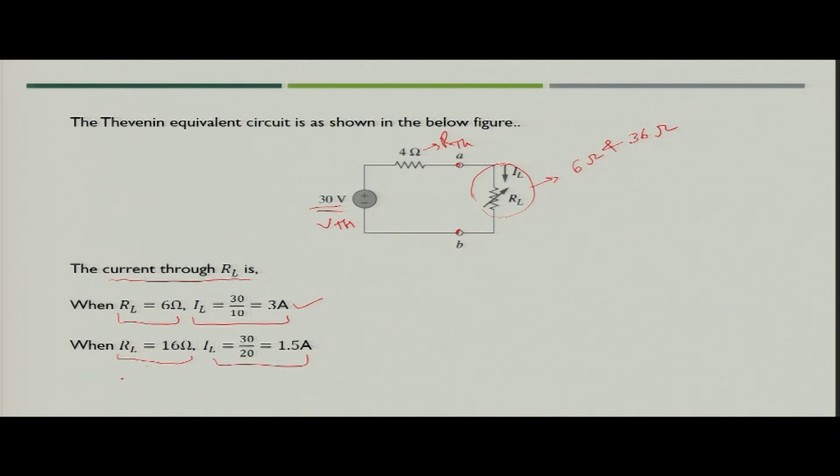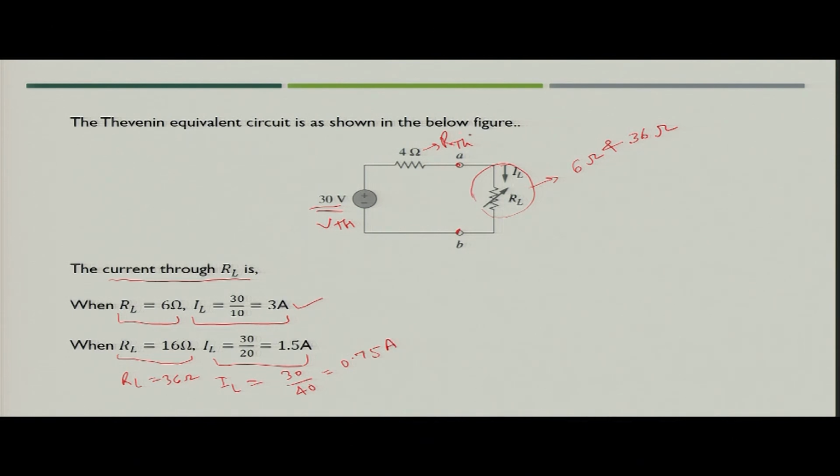When you will replace RL with 36 ohm, you will get IL is nothing but 30 divided by 40. So, you will get 0.75 ampere.